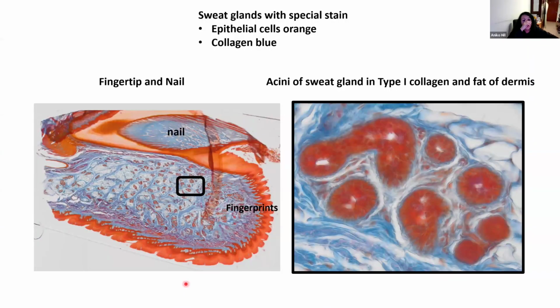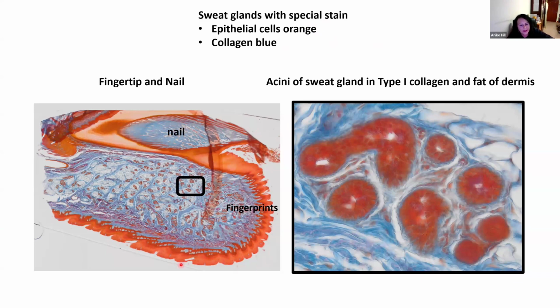Okay. All right, so now I'm gonna show you sweat glands with a special stain, my favorite orange skin slide. More precisely, it's really your fingertip showing the nails on the top. Okay, so this is the nail.